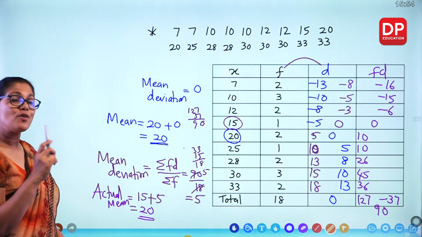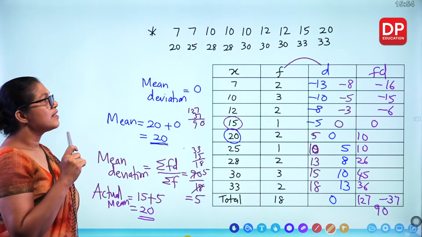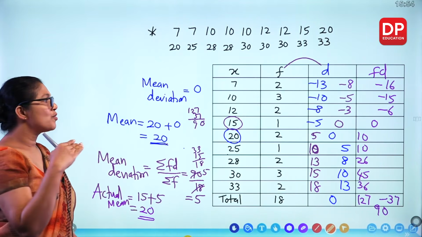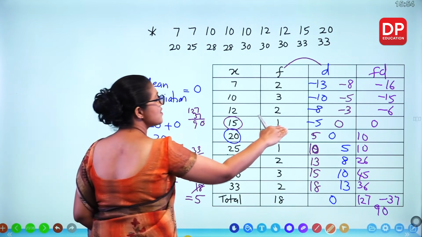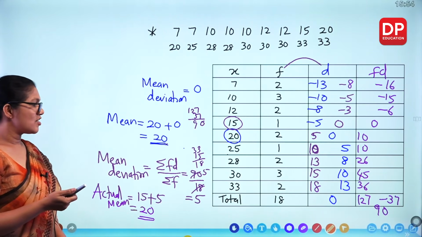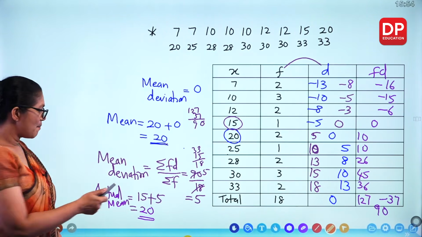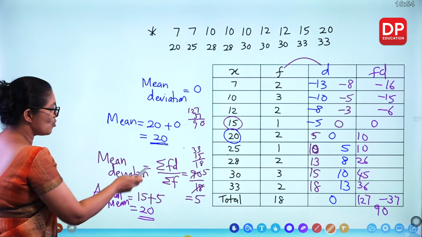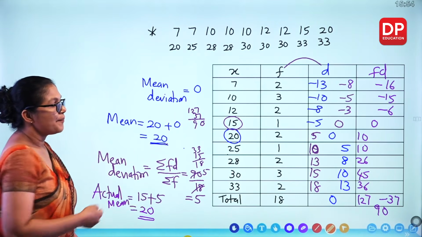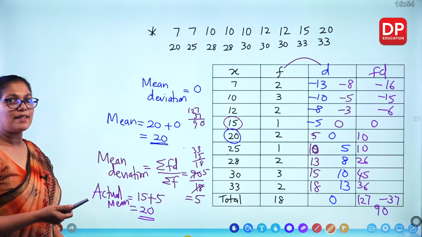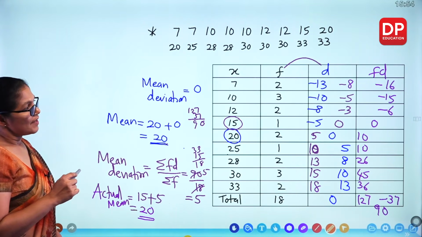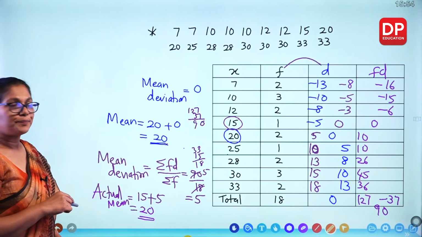So when you are calculating the mean using the deviation method, make sure that you take a good assumed mean, because then the calculations are easier. When you compare these two, you get the same answers, but here we have to multiply and get the total and find the mean deviation, so it's more difficult than the previous one.